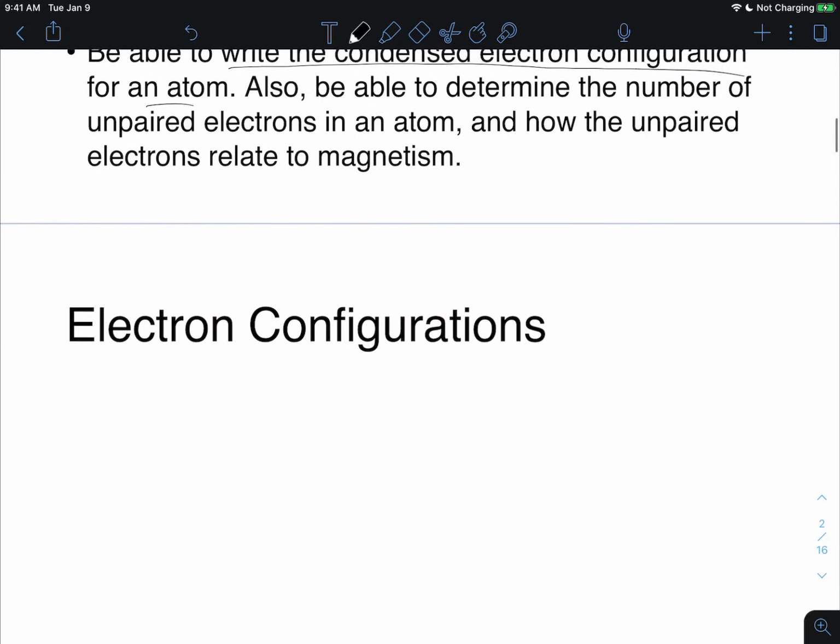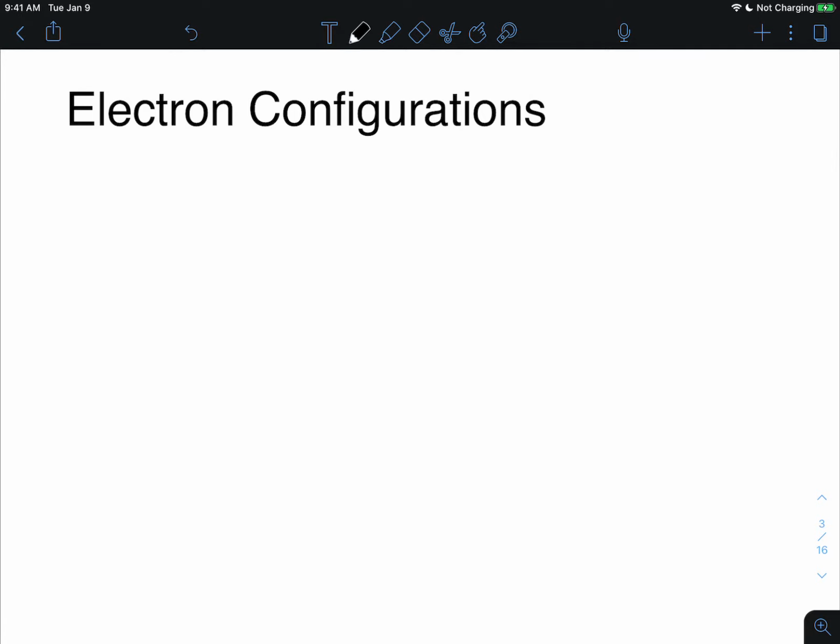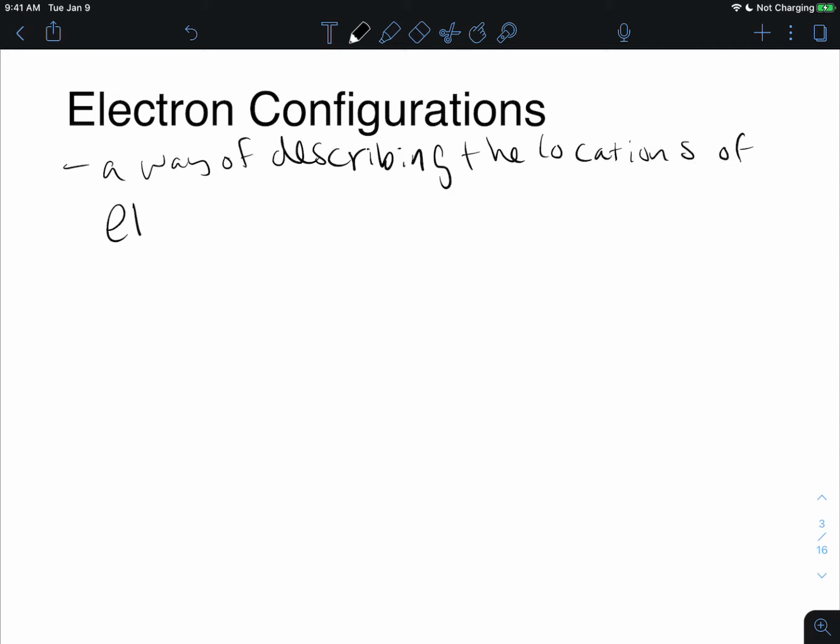Okay, so electron configurations are a way of showing our electrons beyond just using our four quantum numbers. So a way of describing the locations of electrons within an atom.